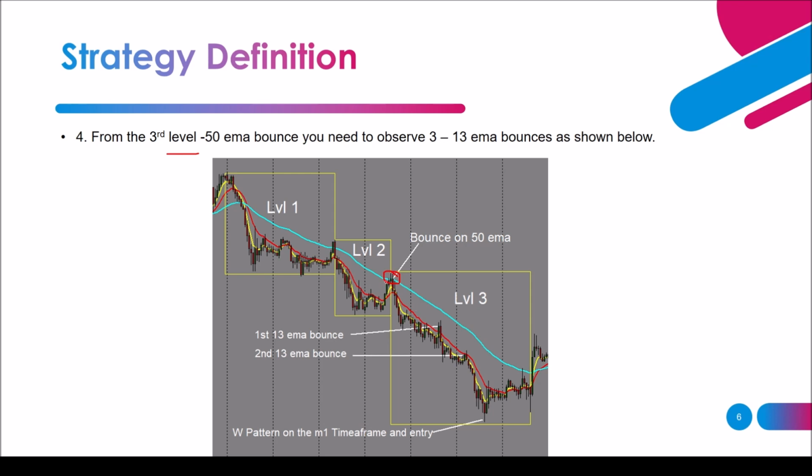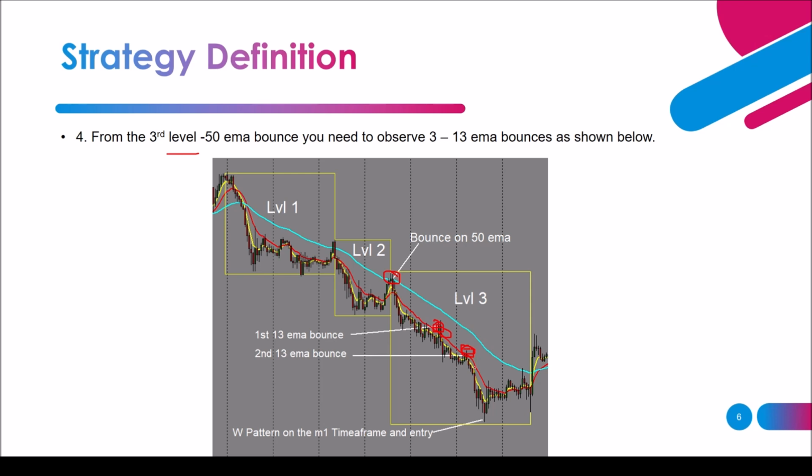If you see the first bounce, the next thing is to see the market come back to the 13, which is in red. The 50 is the one in blue, the 13 in red. So you need 2 13 EMA bounces on the red like that.